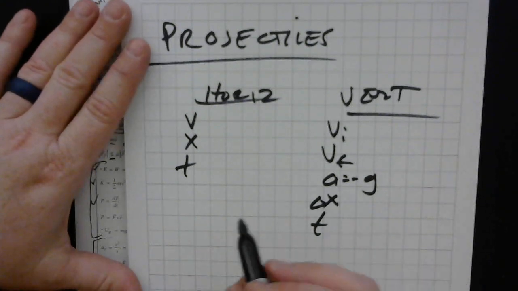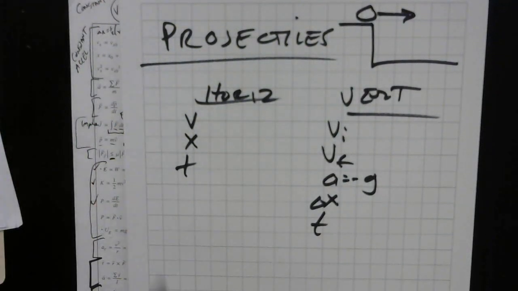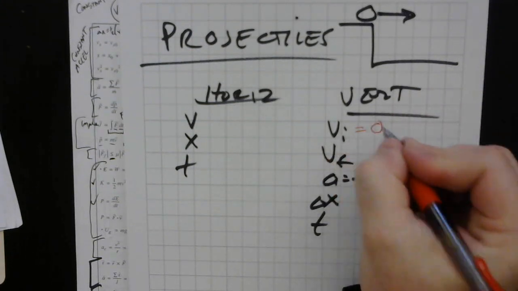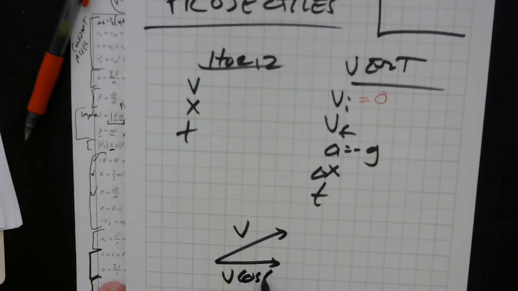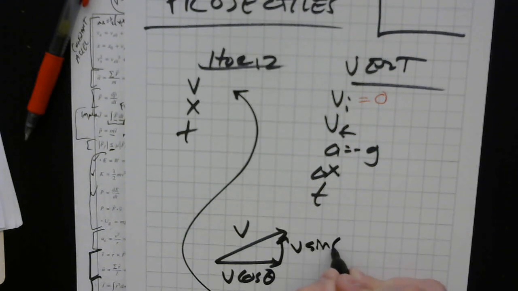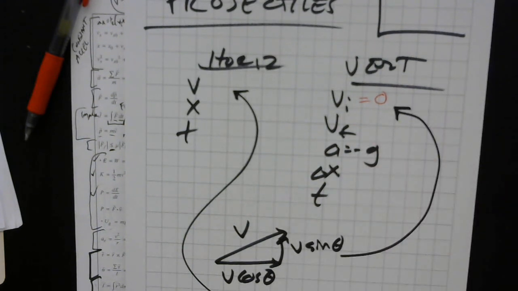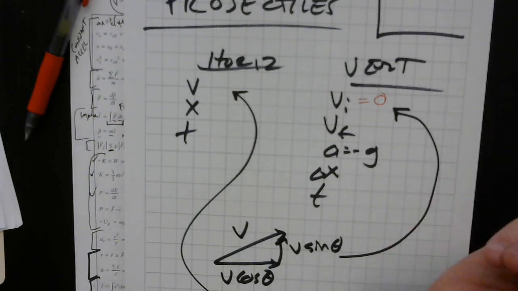And if I launch it horizontally off a table, this will be 0. But if I launch it at an angle, then this will be v cosine for the x and v sine for the y.